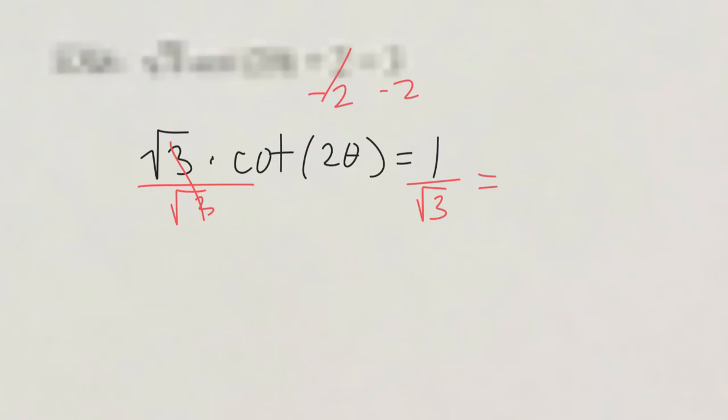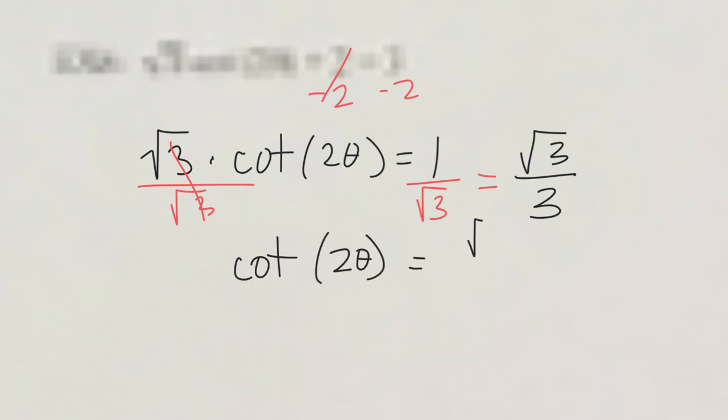Okay, so hopefully we have memorized if we have 1 over root 3 as a fraction, that rationalizes to become root 3 over 3, right? Memorize those rationalization things. So we have the cotangent of 2 theta equals root 3 over 3.